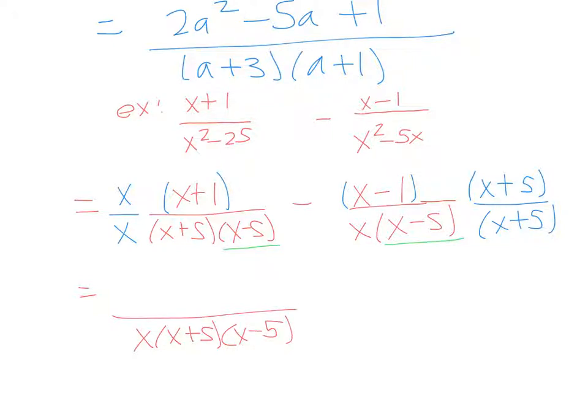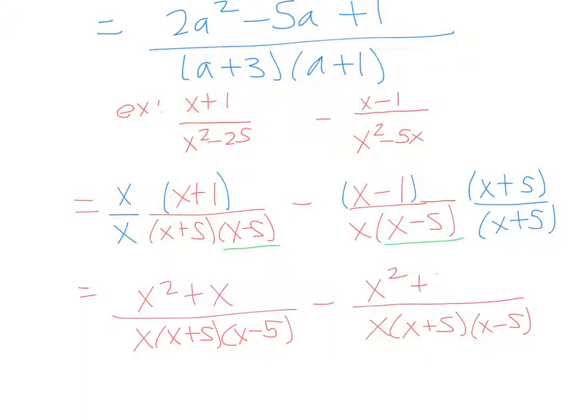And distributing that numerator, we get x squared plus x, and then minus, okay, we got common denominator, and multiplying out the x minus 1 times x plus 5, we get x squared plus 4x minus 5x.